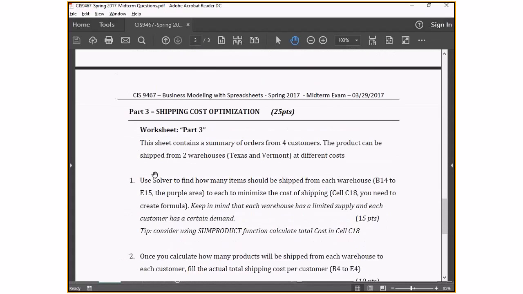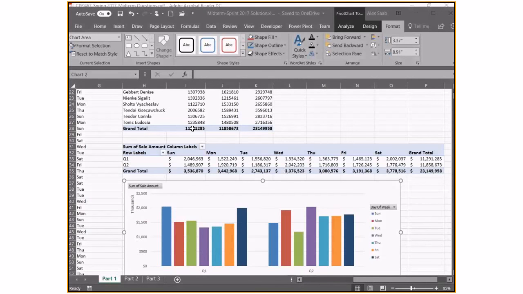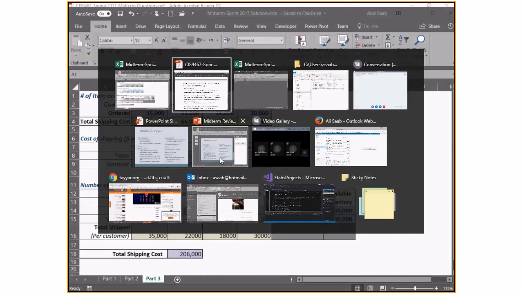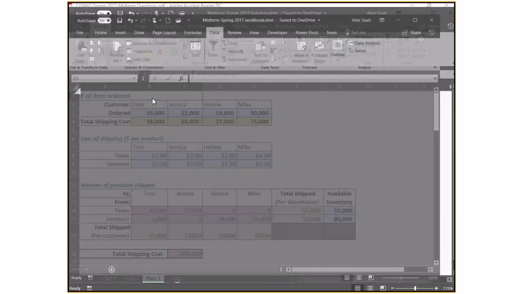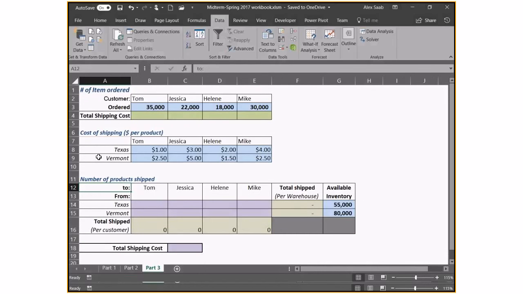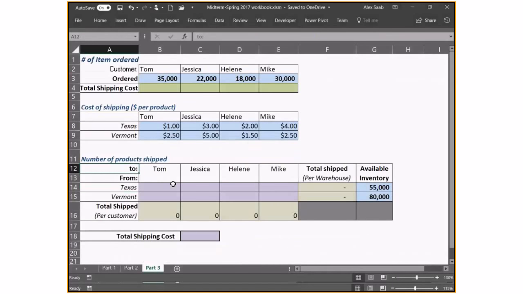Now the last one, let's go over it quickly, the solver. This was the first time I gave a solver question this way. Okay, so here's the problem. Let's say you work at Amazon or your own company.